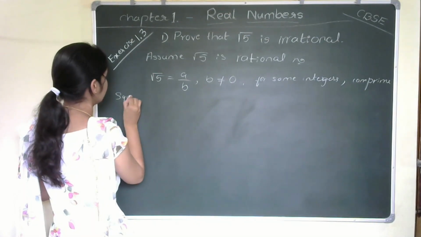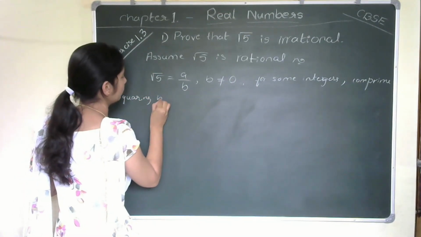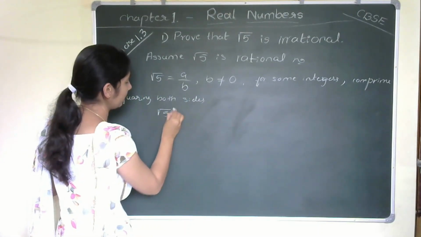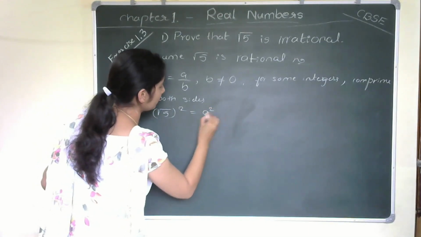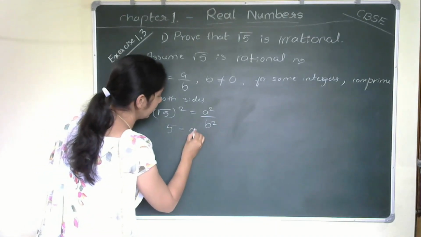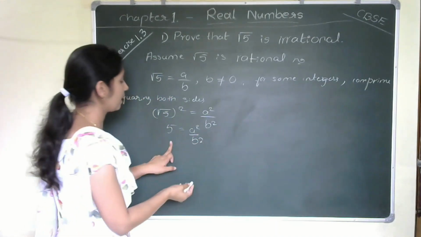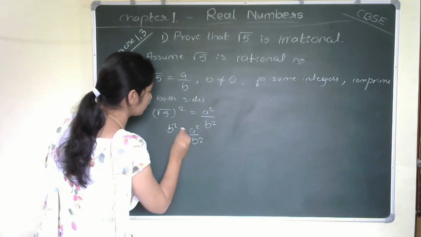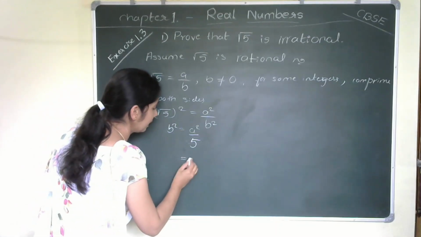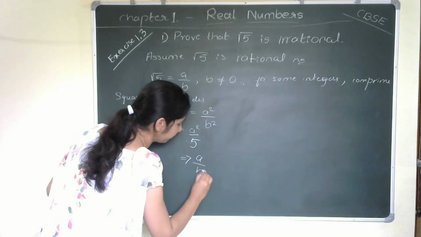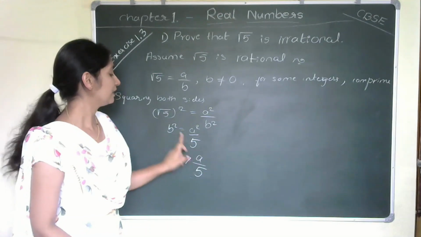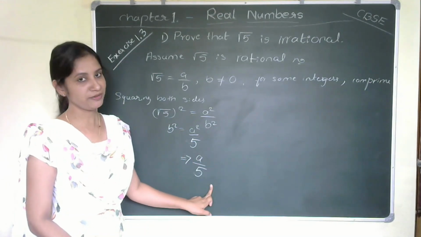Squaring both sides. What you will get: root 5 square equals a square by b square. Now you can write 5 is equal to a square by b square, and also b square equals a square by 5. That means a square is divisible by 5, so a is also divisible by 5.